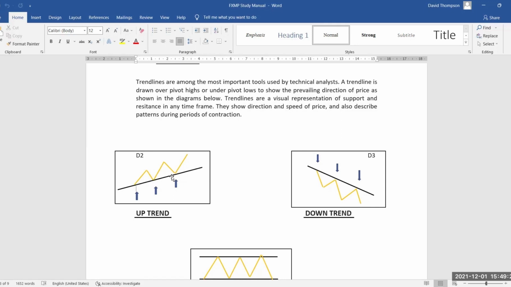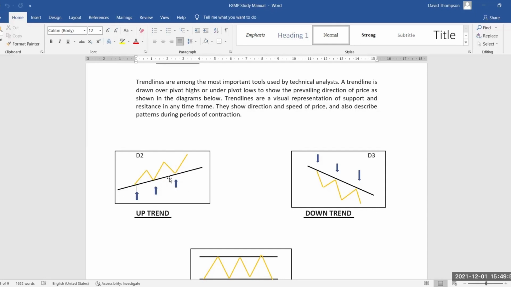This is what we refer to as support or the floor. This is a low area where price struggles to break below and it keeps bouncing off of that area. As you can see clearly here in the diagram, we have 1, 2, and 3 bounces off the trend line, also highlighted by the arrows pointing up. So this is the uptrend.